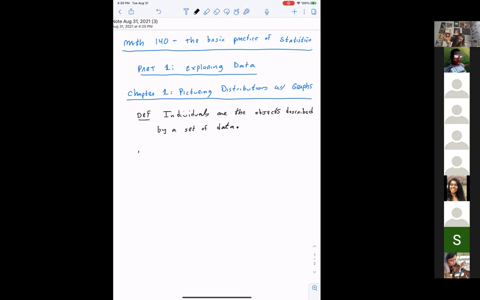And what we care about are not the individuals themselves. Okay, I don't care about you if I'm analyzing students at CSUN. I care about your properties. So a variable, this is the definition, a variable is any characteristic of an individual.